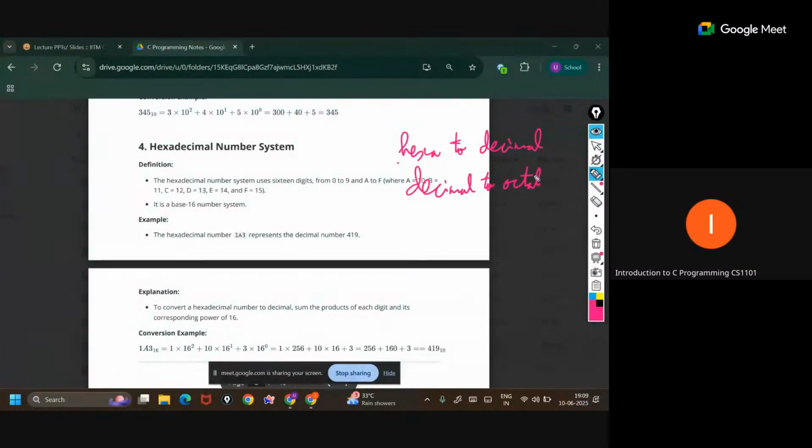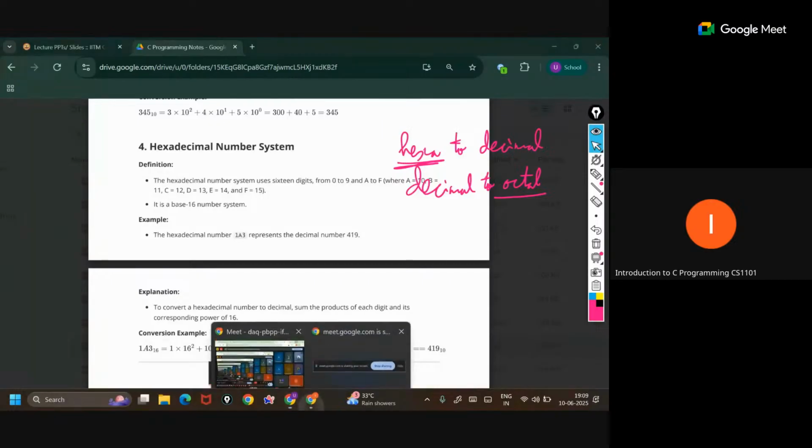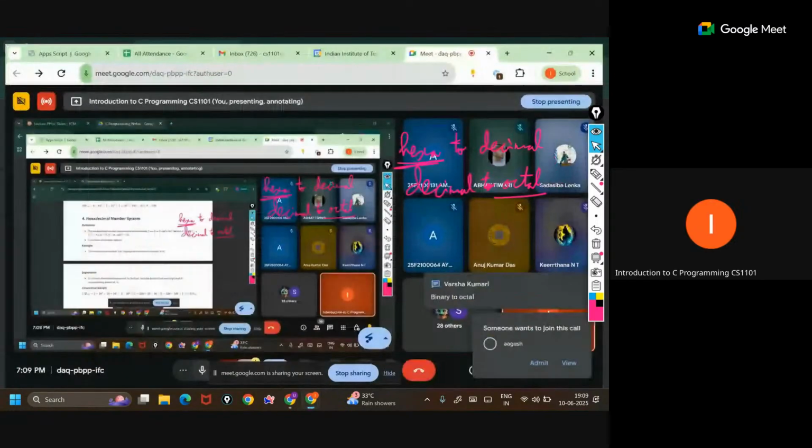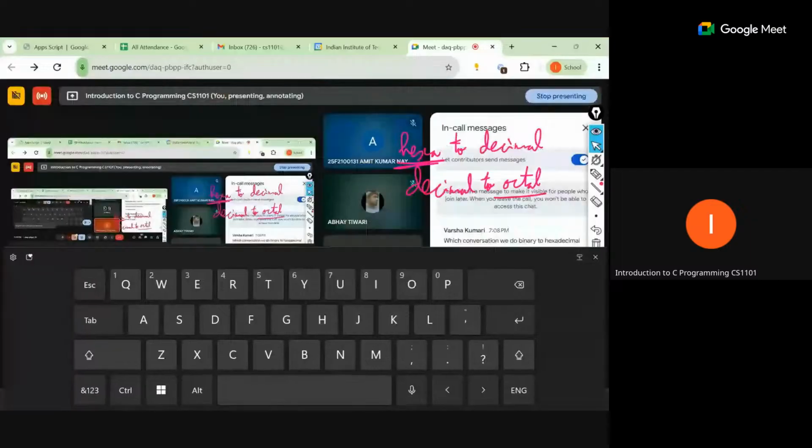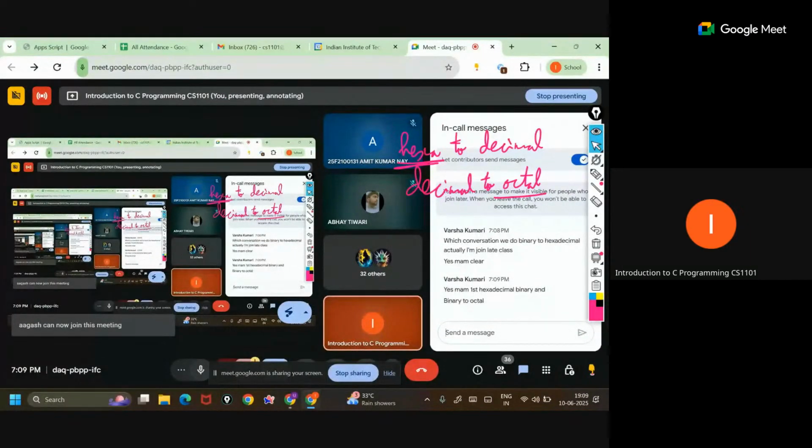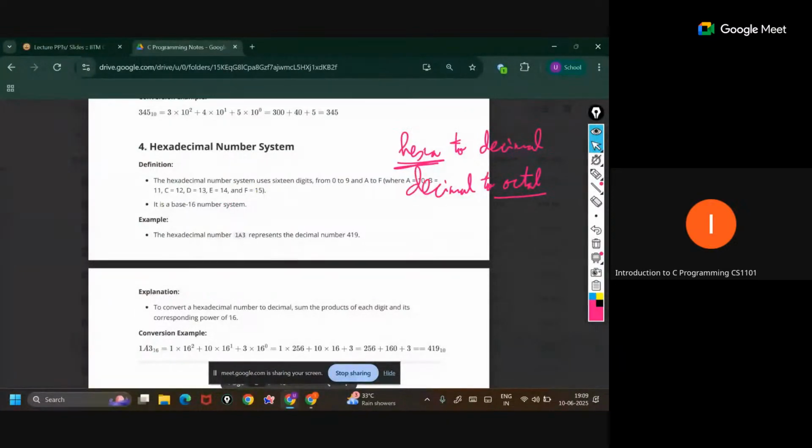So this is the way to convert from hexadecimal to octal. Is it clear? Yeah, you can do that also. That also works. But the general conversion has to be hexadecimal to decimal and decimal to octal.